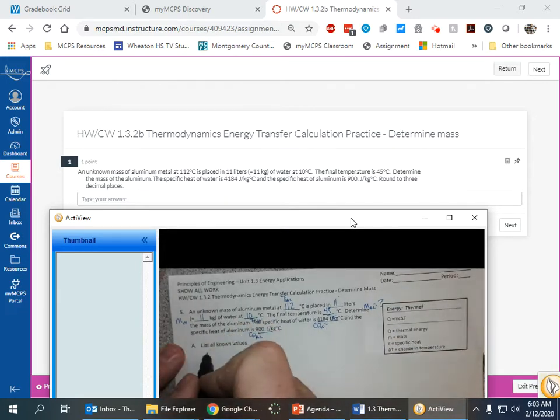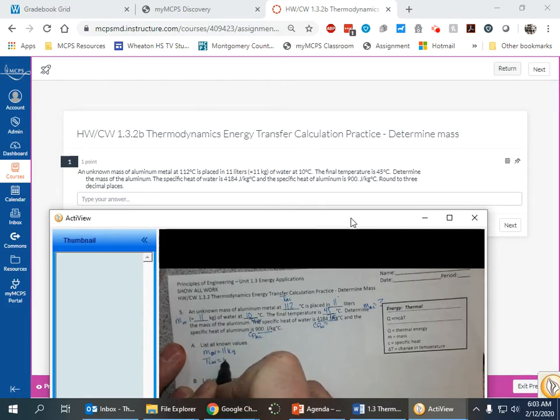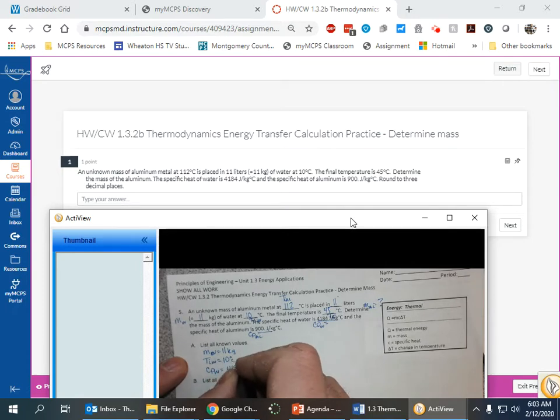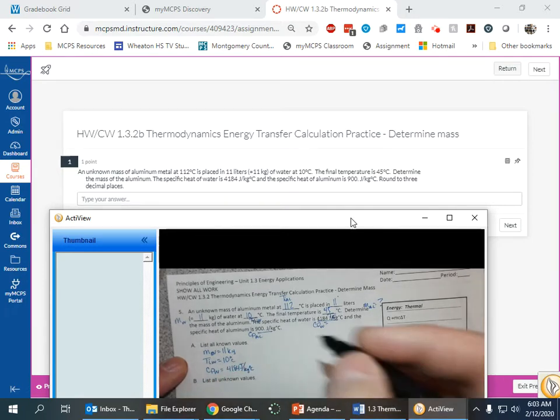So known values: I've got the mass of the water is 11 kilograms. I've got the temperature initial of water is 10 degrees Celsius. I've got the specific heat of water is 4184 joules per kilogram degrees Celsius.